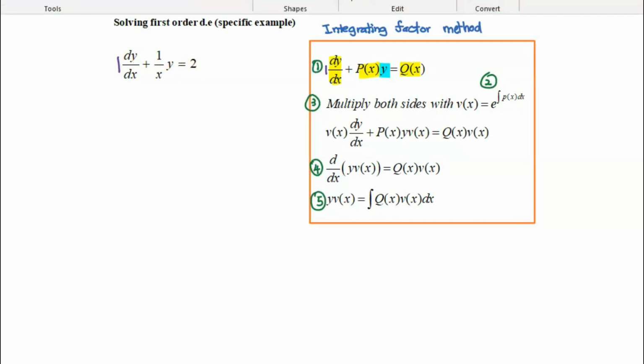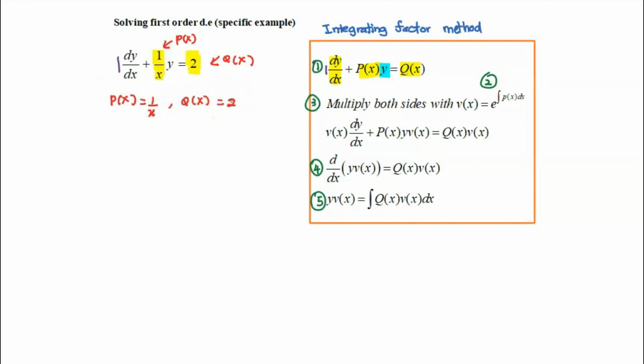Therefore, the coefficient of y is called p of x, and the 2 on the right hand side is our q of x function. So this is our p of x, this is our q of x. So we find p of x as 1 over x, and recognize q of x as a constant function 2.